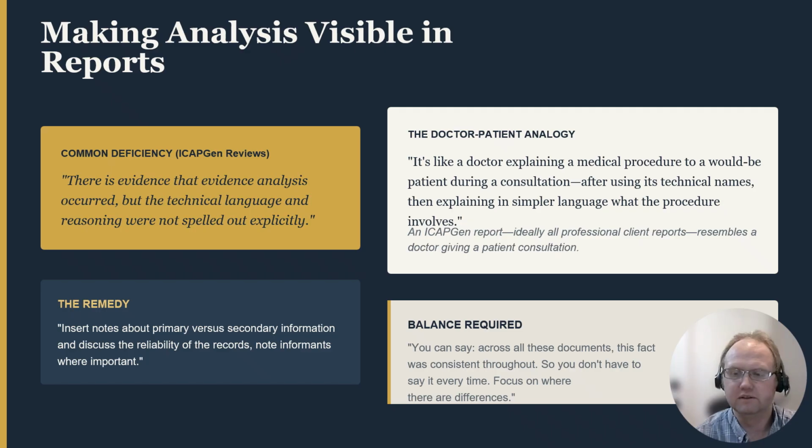So you don't have to mention every single record or pull apart each individual document in your report. You can just focus on the places where there are controversies, or where there's particularly special information from a particular document that you might want to discuss. You don't have to analyze every single element of every source if they're all in agreement.